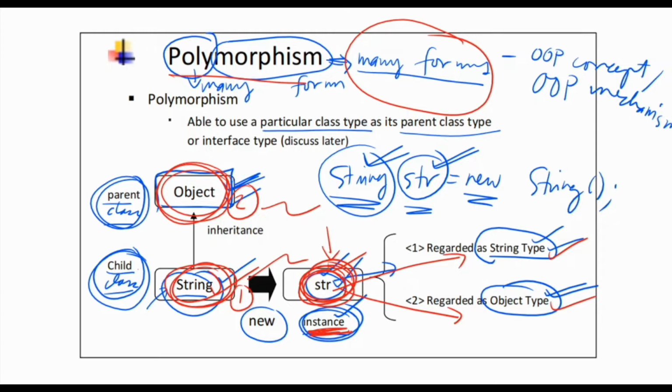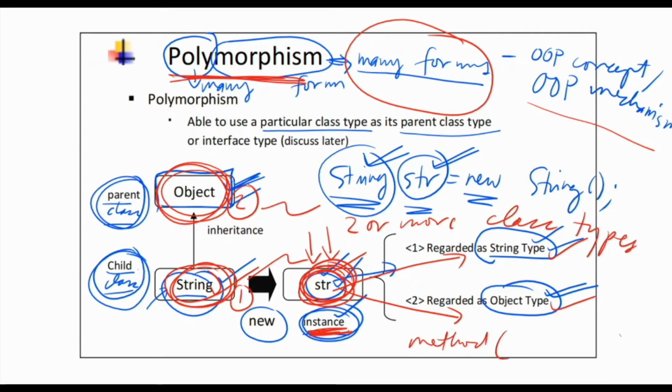This is what we refer to as polymorphism, an OOP mechanism that allows any object or any instance to have two or more class types. So whenever a method, for example, accepts a type object parameter, you can pass str to that as value.